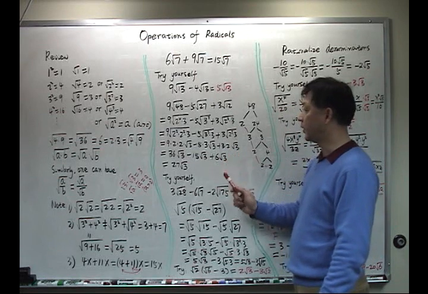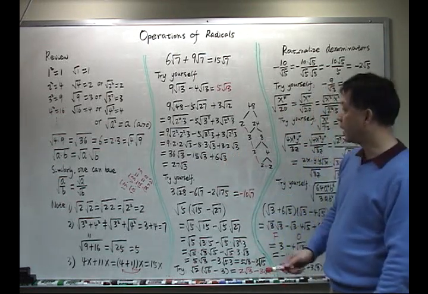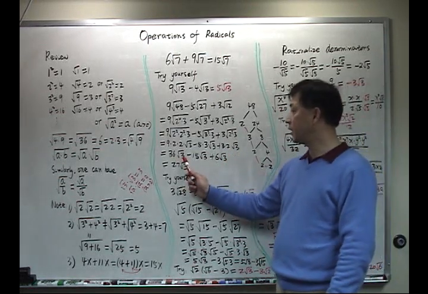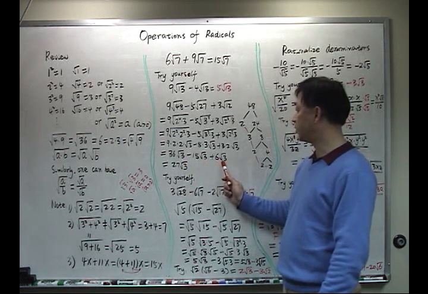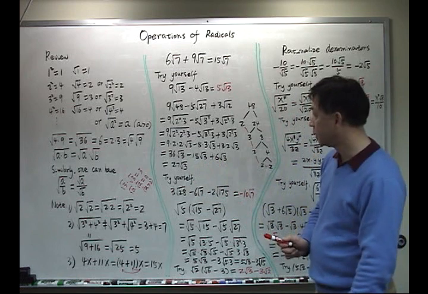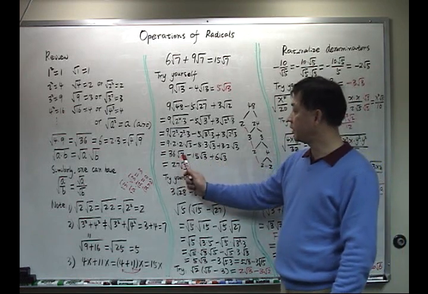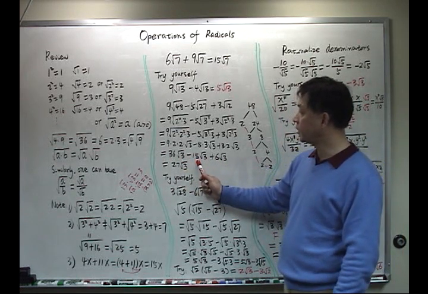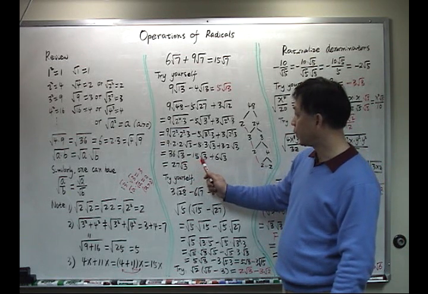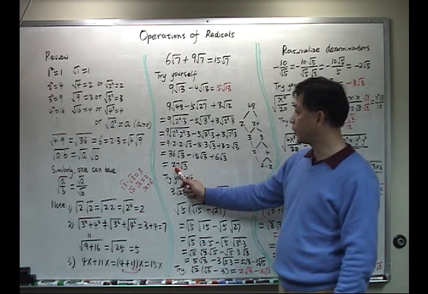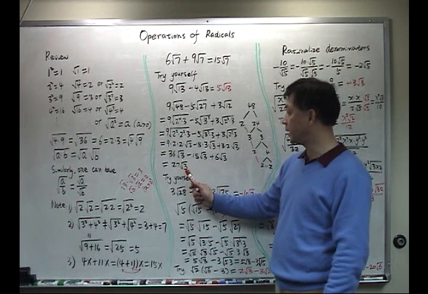Keep radical 3. Now you have 36 radical 3 minus 15 radical 3 plus 6 radical 3. You do 36 minus 15, which gives us what? 21. 21 plus 6 will have 27. So 27 radical 3.